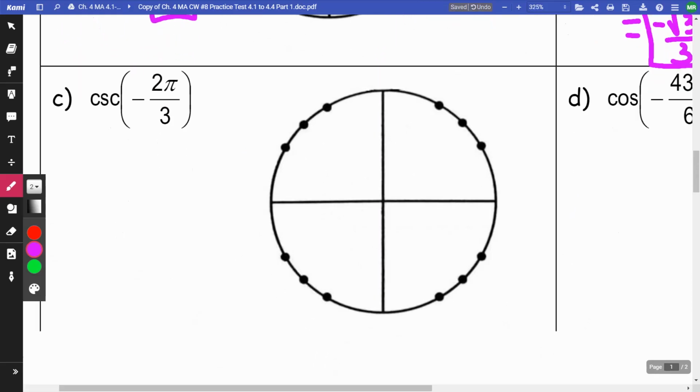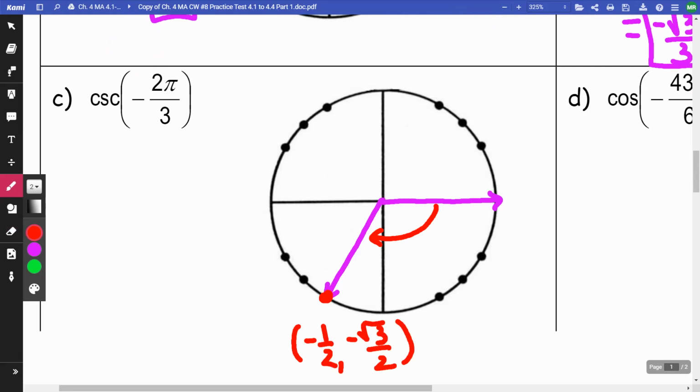On C, a negative 2 pi thirds, so negative, I'm going this direction. So what's going to happen at negative 2 pi thirds, I'm going to be here to here, and this is the direction I'm going. I'm going to end up here, which is at a negative 1/2, negative root 3 halves. Cosecant is the reciprocal of sine.